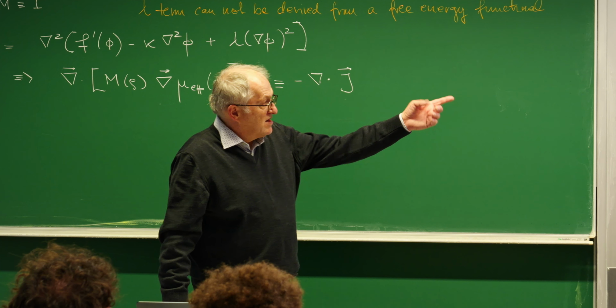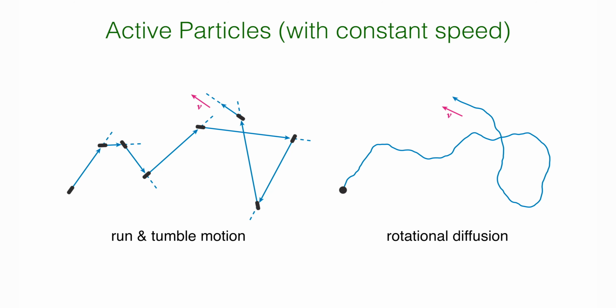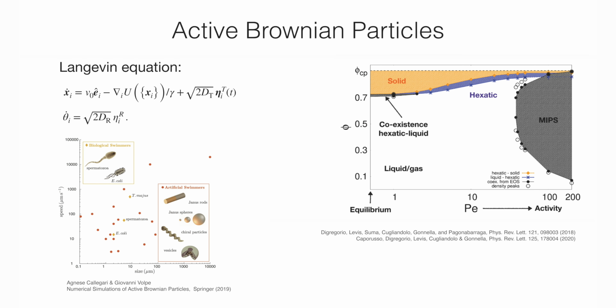This is then called an active Brownian particle, whereas the other one is called a run and tumble particle. Now these active Brownian particles, that's something which is not part of the course, but I mentioned it anyway because it's interesting. And I've been talking about this in my earlier lecture, the last semester.